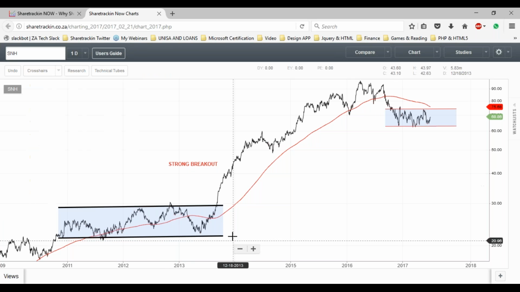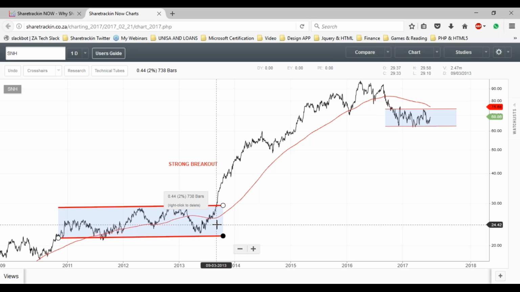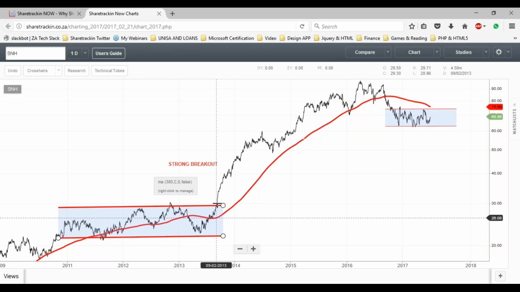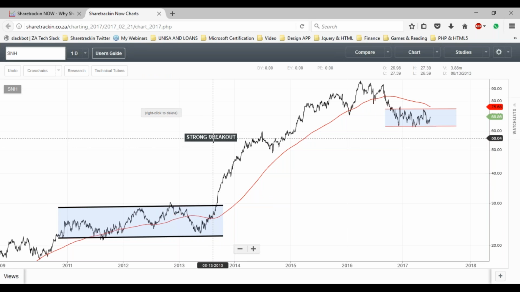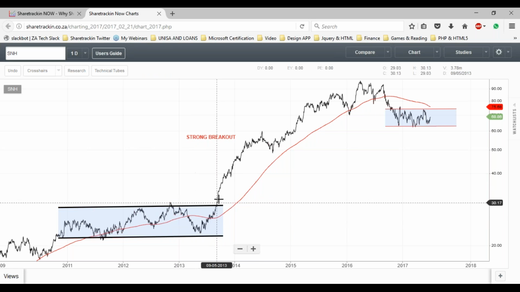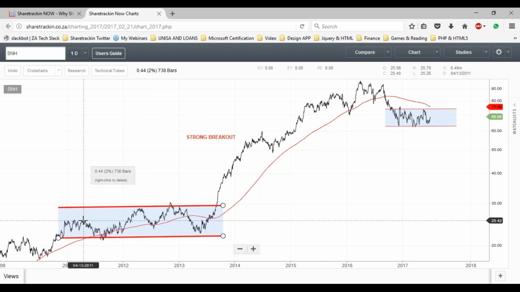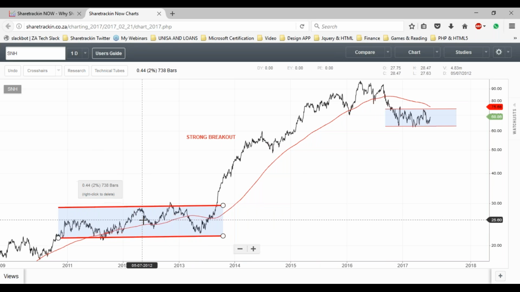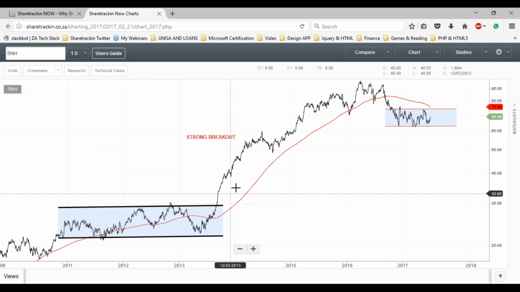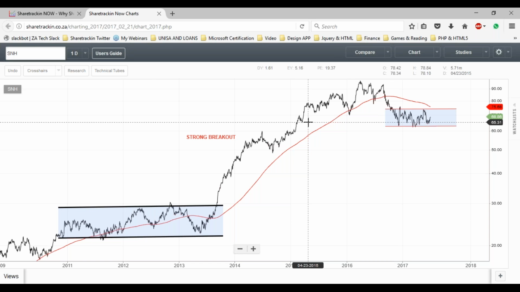Now, you'll notice that on the 3rd of September 2013, there was a breakout. It was a very strong breakout, and this is why I say strong. There was a break above this resistance level, and the share rallied. The idea behind a sideways pattern is that the longer the share moves sideways, the stronger the breakout we are expecting.